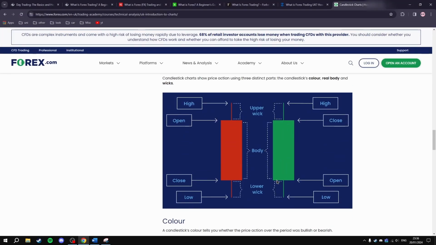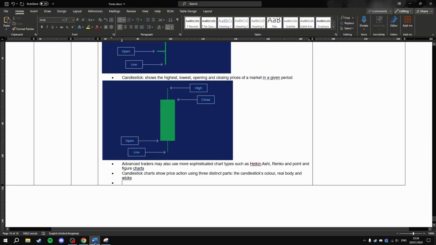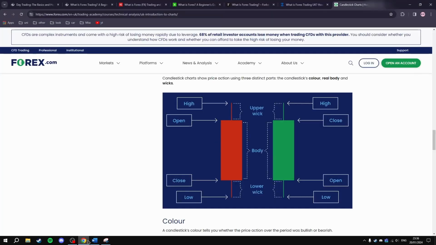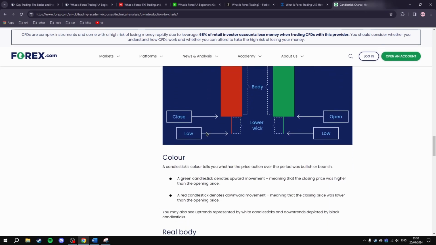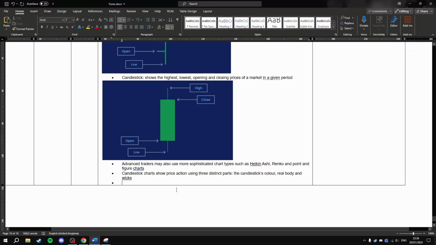Upper wick, body, lower wick, and that's the color. Color.